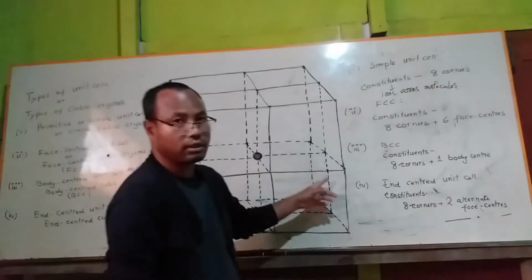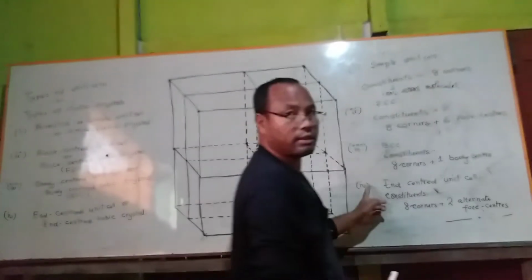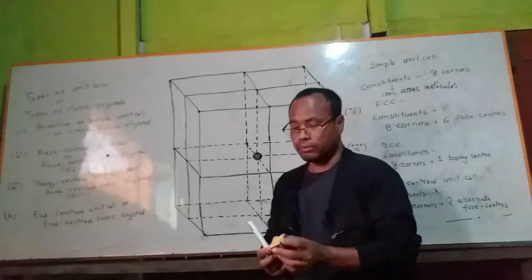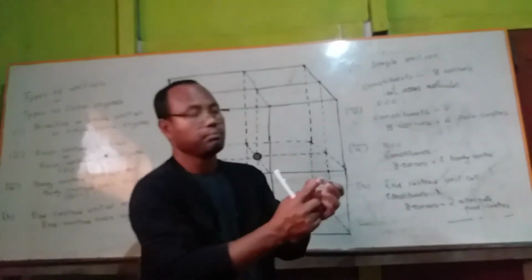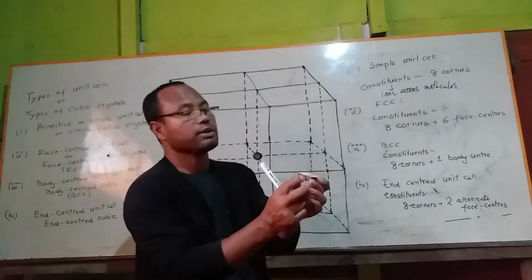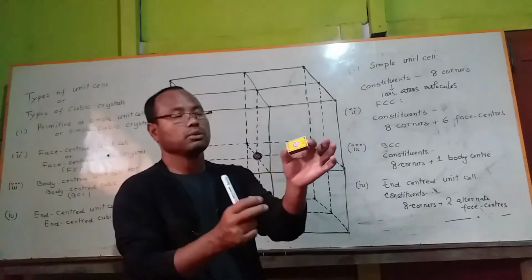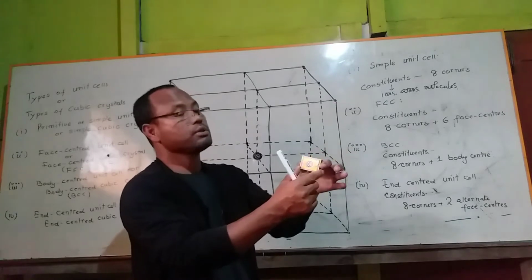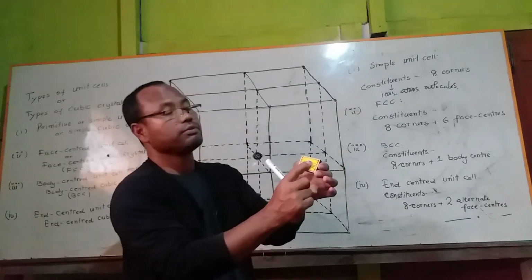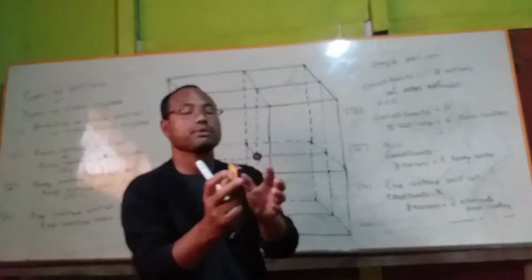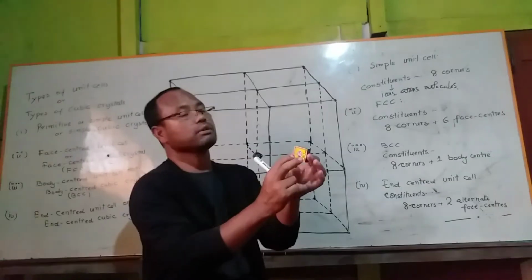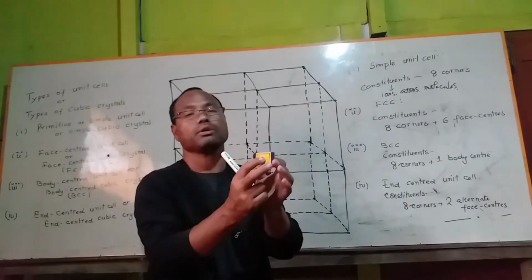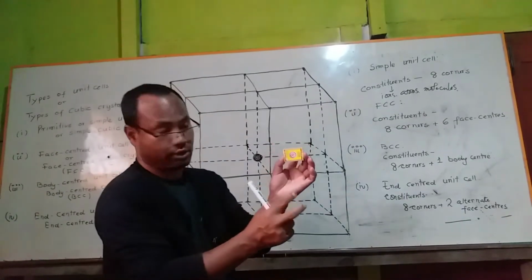The fourth one I write is the end centered unit cell. End centered means, see, this is one of the faces. The opposite face of this one is this one. So here we have only 2 face centers. The center of this face and the center of the opposite face we call the end center or alternate face center.